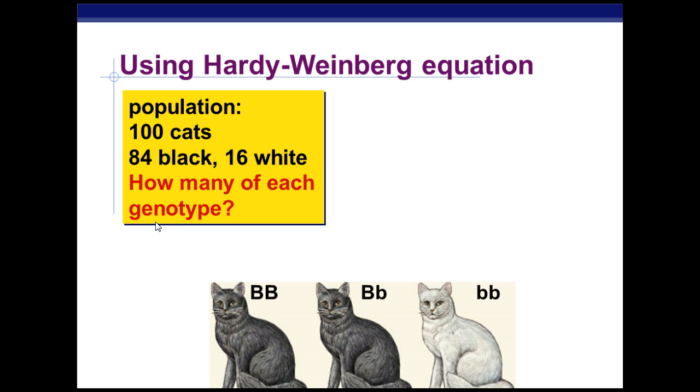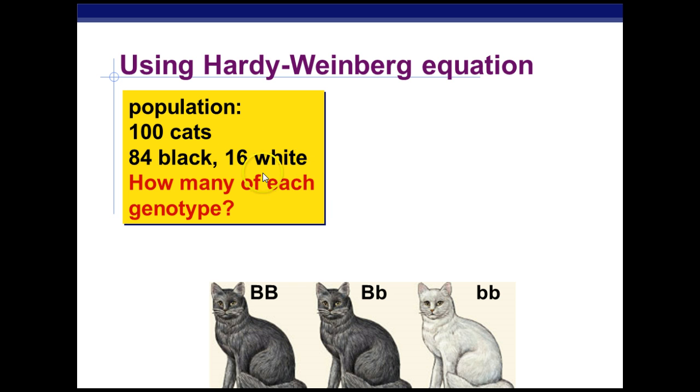Now, as always, we need to work from information we know first. Of all the information given, we can absolutely know that 16 of these cats are homozygous recessive, or white. It says it right here. There's 16 whites.